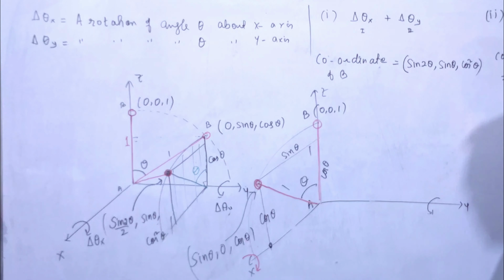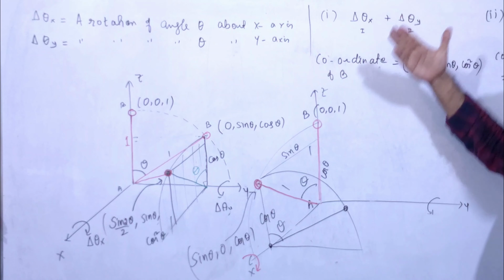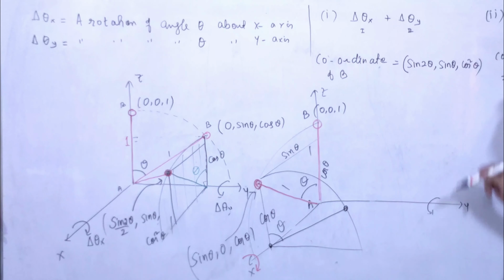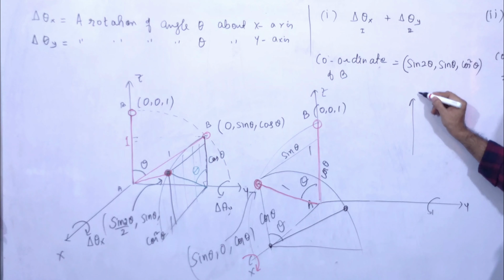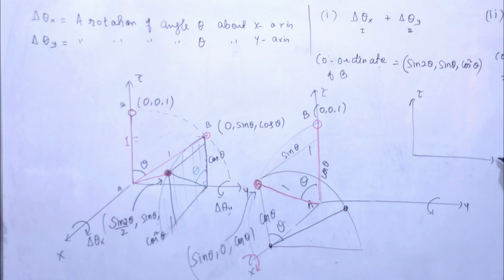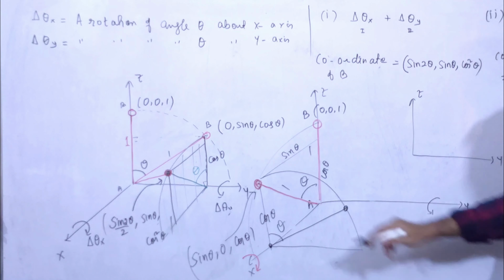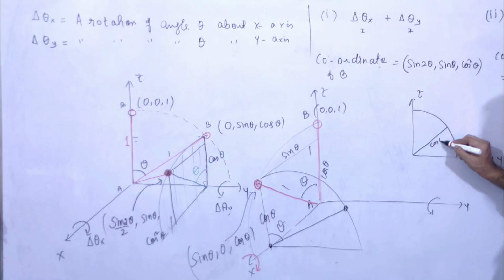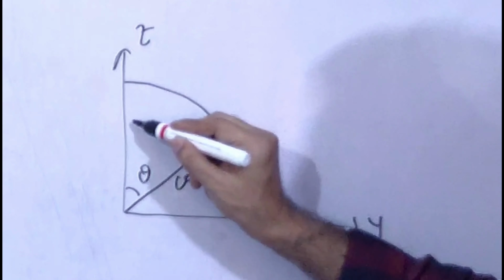Because the motion is in this plane, the zy plane, let me draw the z axis here and the y axis here, and the radius is cos theta, so it moves in this radius. This length is cos theta, this is theta.